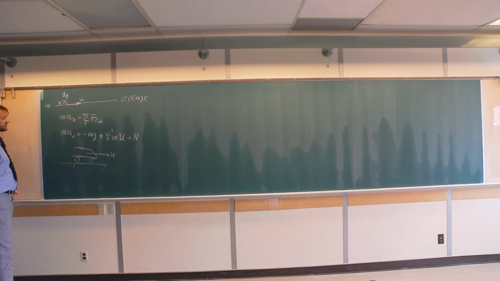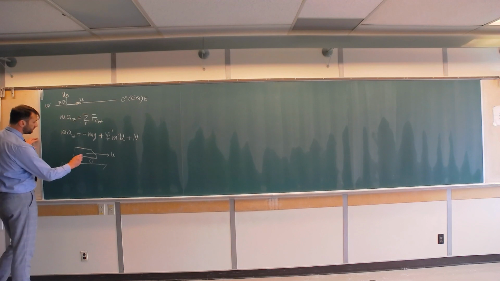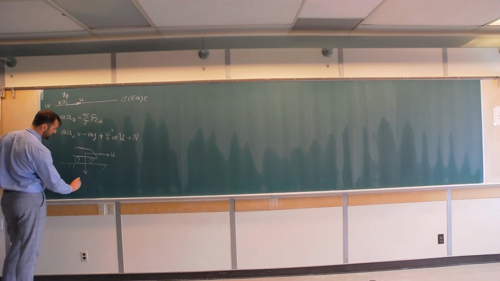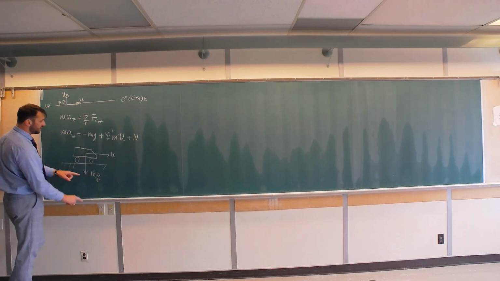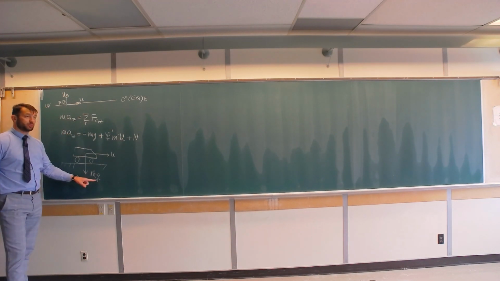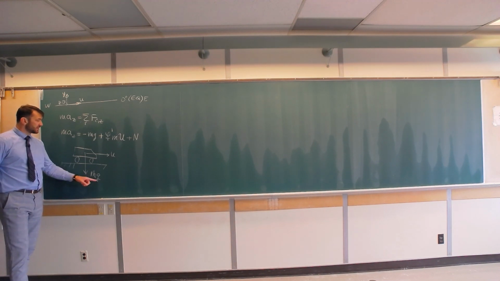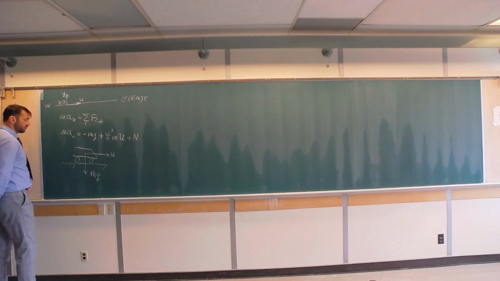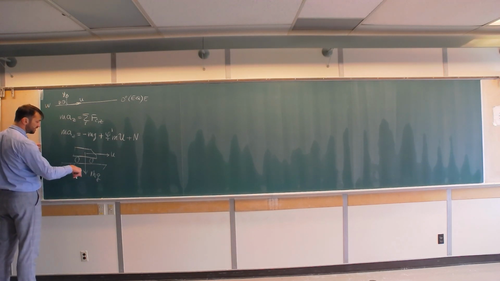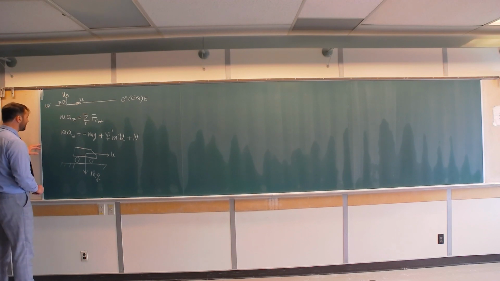What are the forces acting on this car? Gravity is acting down, and that is mg. And I hope you now know that this g incorporates both pure gravity and centrifugal force. So this is the apparent gravity, what we called. Okay, so there is gravity acting towards the center of the Earth.